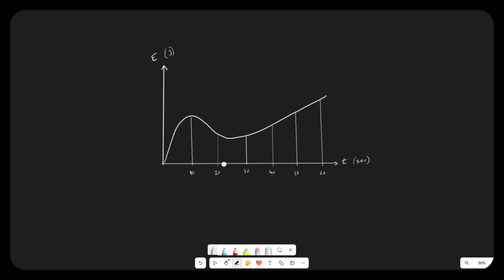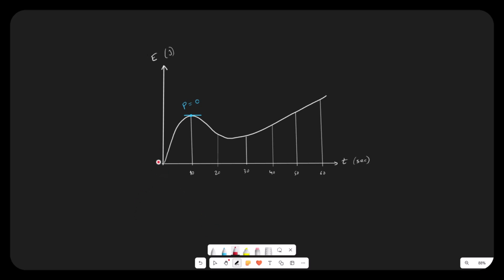If I want to find the power delivered at a certain time, like at 10 seconds, what I'm looking at there is an instantaneous power. Now power is going to be the slope in general of the energy versus time graph. Right here, this slope is pretty flat. Right at the top, it's kind of a turnaround point. So right here, I would expect that the power is going to be 0.